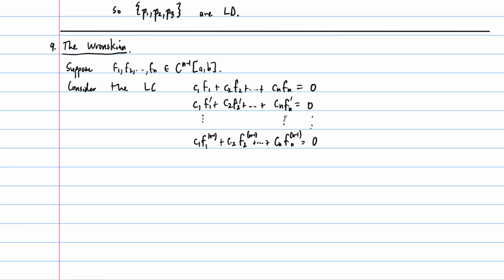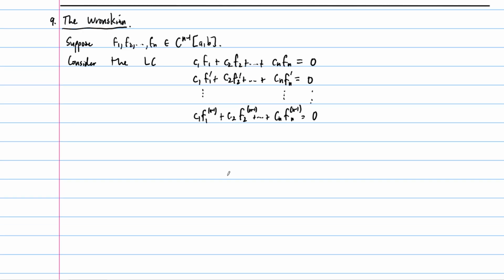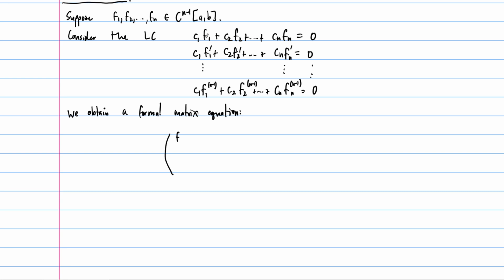And then we can make a matrix equation of this, but it's like a formal matrix equation. The columns are going to be the functions and their derivatives.